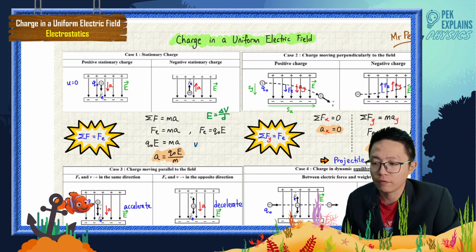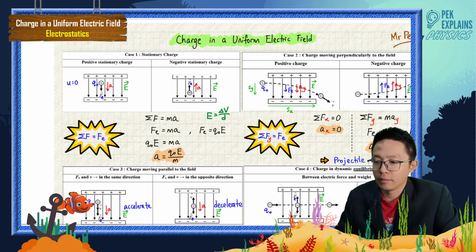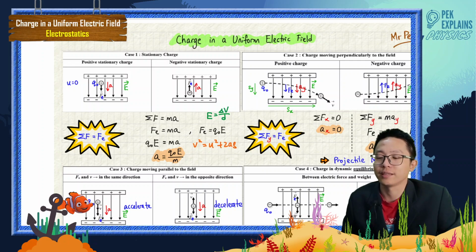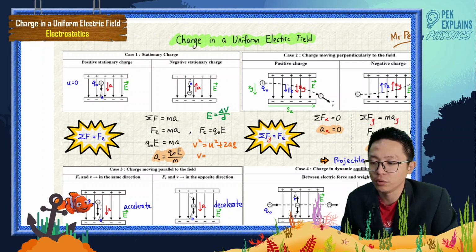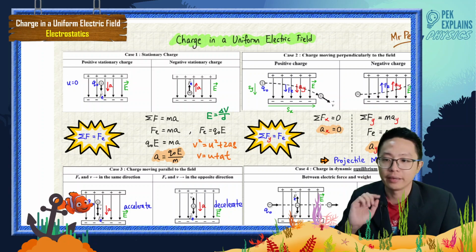So maybe you can apply v squared equal to u squared plus 2as, or maybe v equal to u plus at. All four general kinematic equations you can apply here.